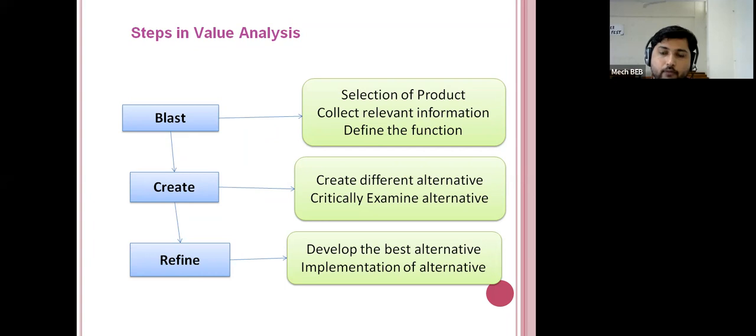After determining and defining the functions of a product, different alternatives are prepared for that particular functionality, and each alternative is critically examined. Okay, then refine. From those alternatives, the best alternative is selected and implemented. So develop the best alternative and implement it. That is the third step, nothing but refine.